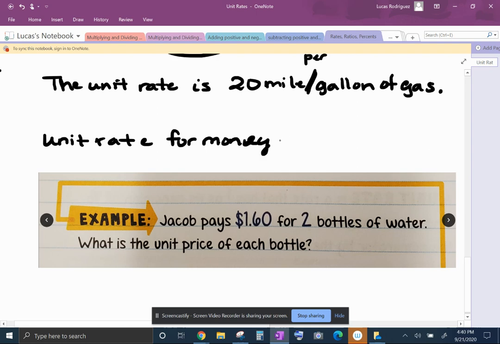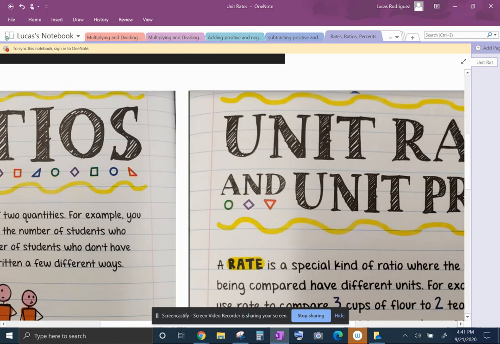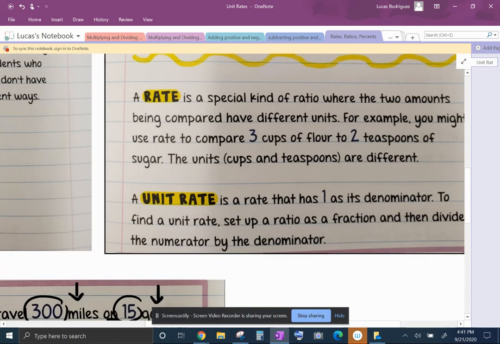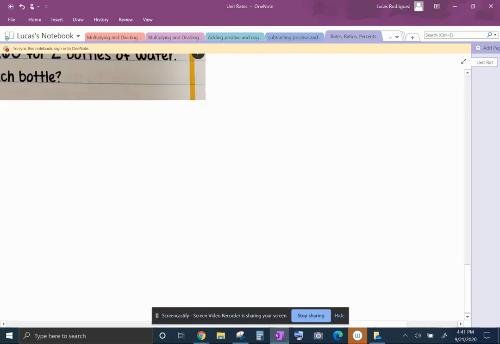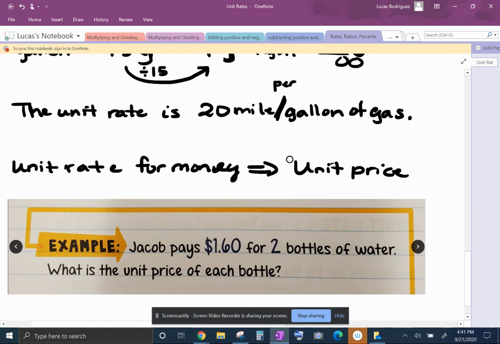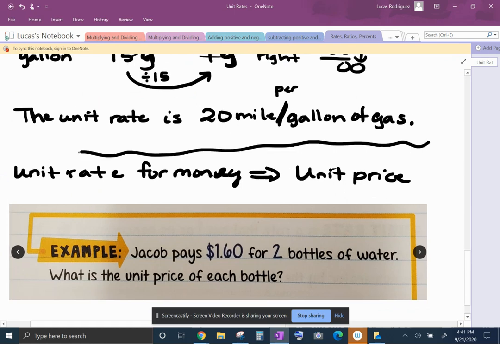It turns into something called a unit price. Let me double check that I'm right on that. I'm pretty sure I'm right, but I like to double check things. Yes, a unit price. So a unit rate for money is really called a unit price.